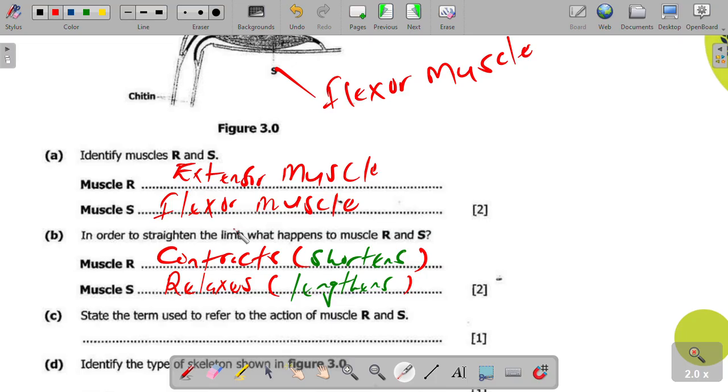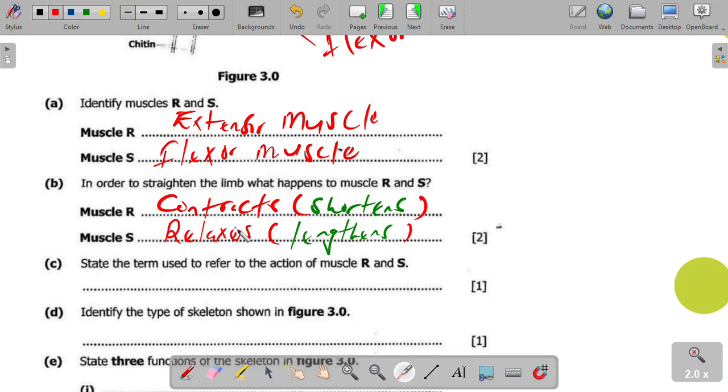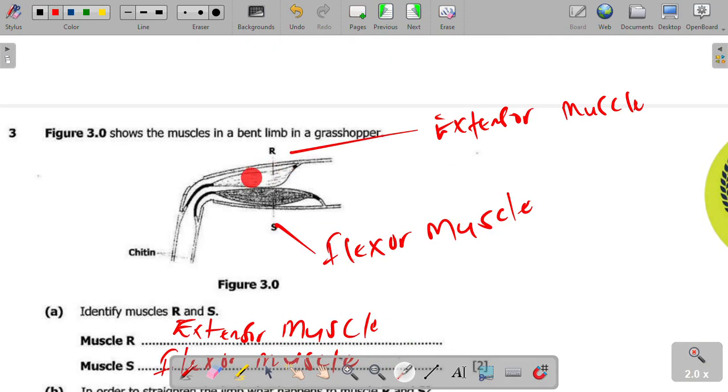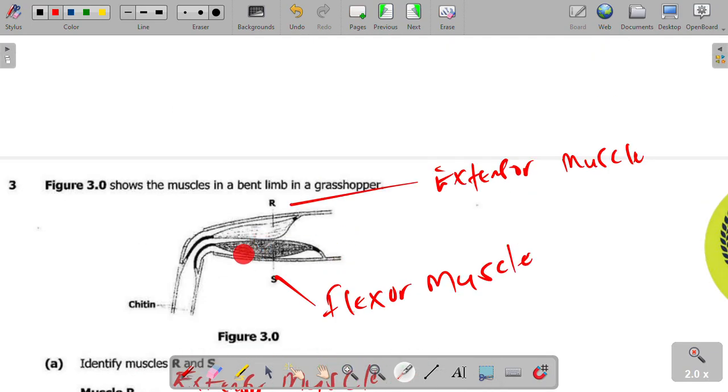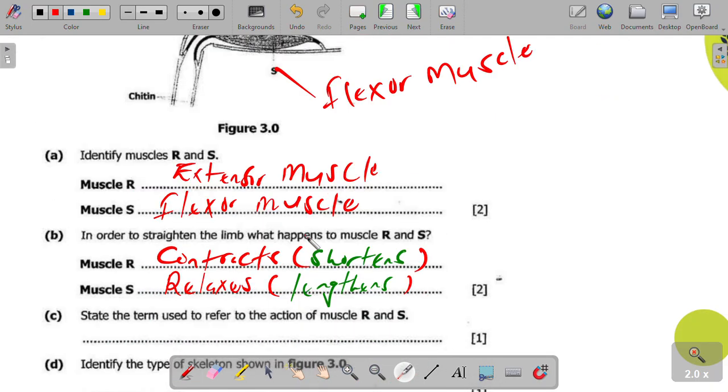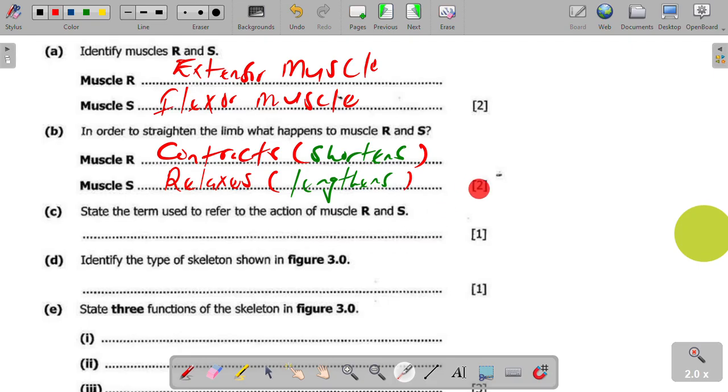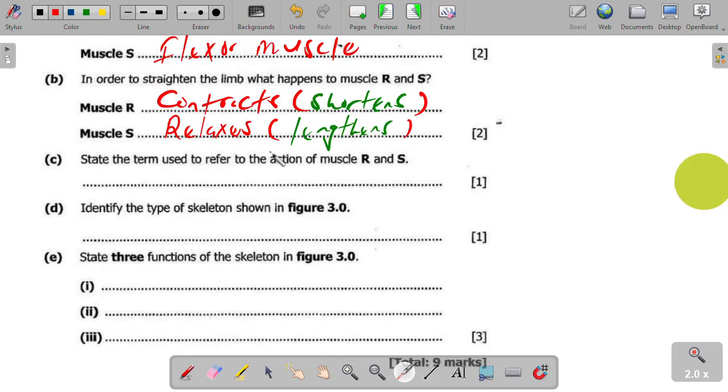So muscle R contracts, meaning it shortens. Muscle S relaxes, meaning it lengthens. Okay, you have your 2 marks.